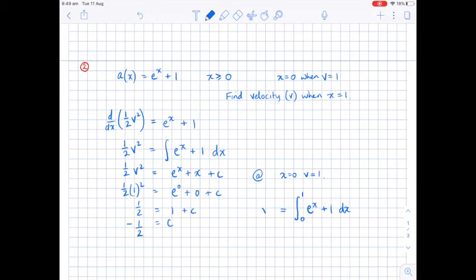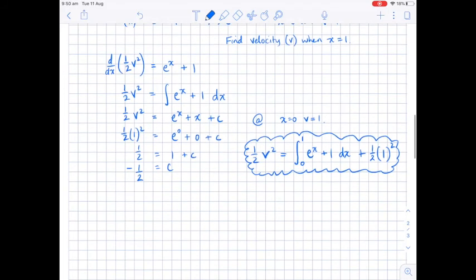But I've got to remember that my expression isn't just a v here. My expression is a half v squared. So the value that I add to the end has to be a half times v squared, which in this case is 1. So if I wanted to use a definite integral on my calculator, I would have to use this expression rather than just putting a plus 1 on the end of the equation.